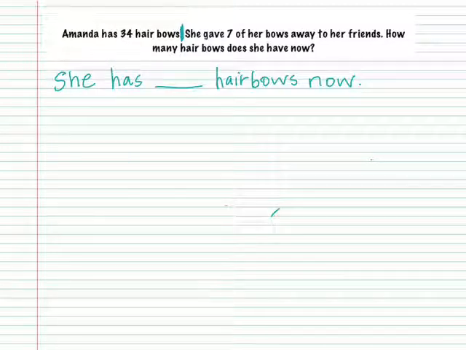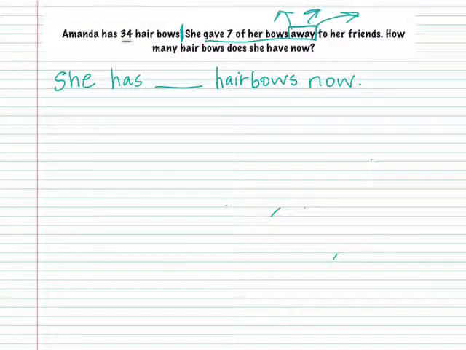She gave 7 of her bows away. So she gave them away. Away really is the key word. It's going somewhere else. It's going away. And I know that she had 34 and she's giving 7 away. So my answer definitely has to be something smaller than 34.